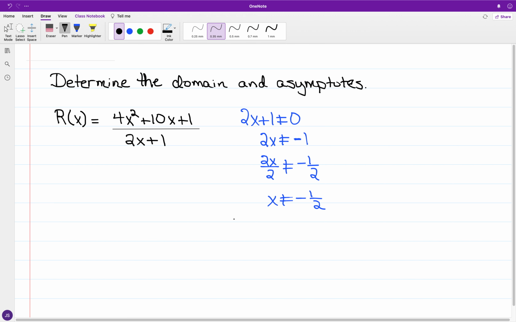Okay, and so in the case of the domain, x is going to be any value for which the rational function is defined as a real number, either x is less than negative 1/2, or it is greater than negative 1/2.